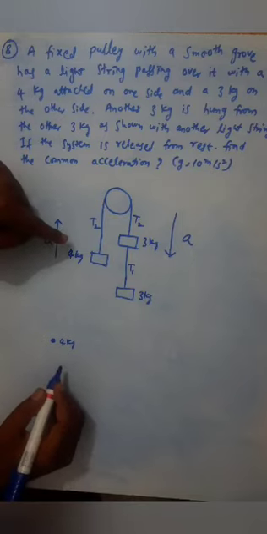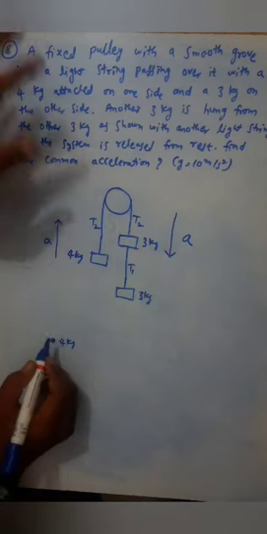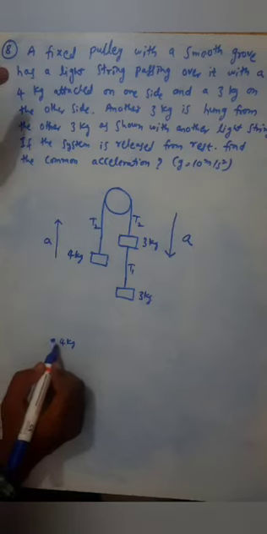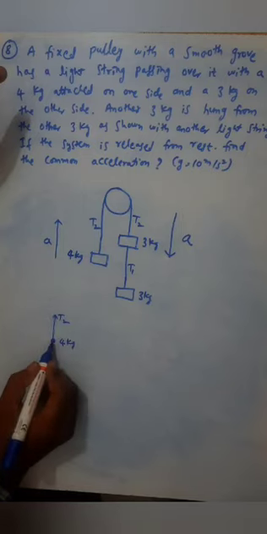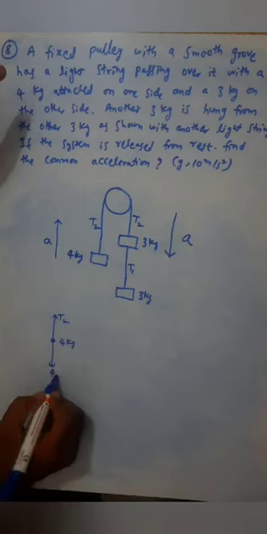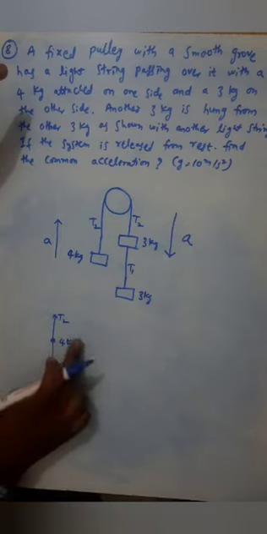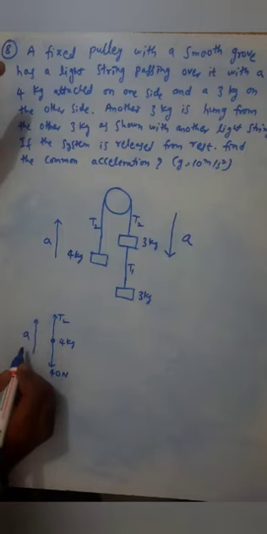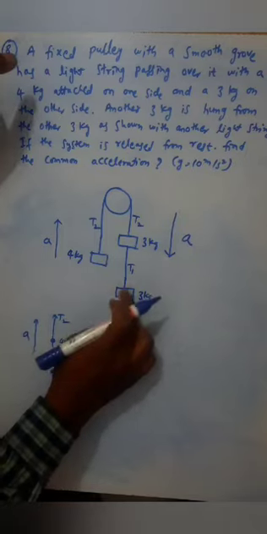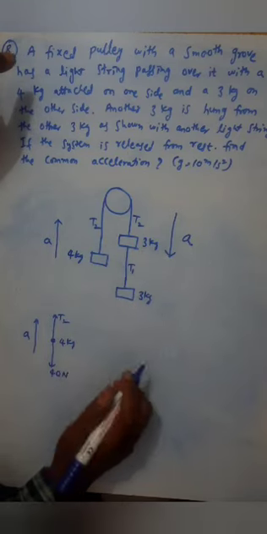For the 4 kg mass, I am writing a free body diagram. The tension force T2 is in the upward direction, and 40 newtons gravitational force is in the downward direction. The 4 kg mass accelerates upward. Now I take the total mass: 3 kg plus 3 kg, total 6 kg.